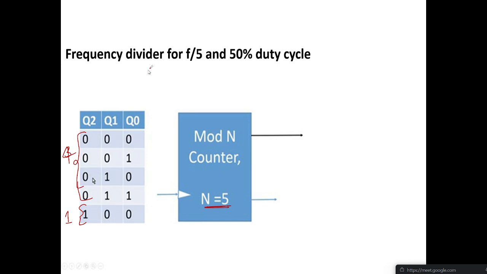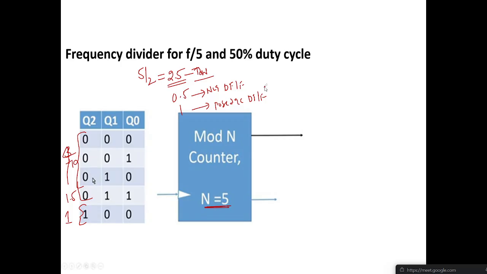So that means 5 by 2, how much? 2.5. It should be on for 2.5 time units and off for 2.5 time units. So you need to take out 1.5 clock cycles from 4. That means 0.5 is for the negative edge trigger D flip flop, and one more clock cycle is for the positive edge trigger D flip flop.